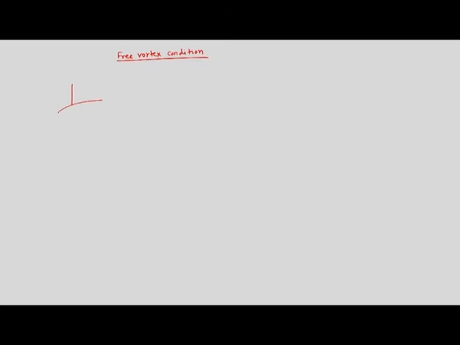So, what do we mean by free vortex condition? Using this condition we are trying to find out the relation between the velocity triangles whatever we would have drawn in a plane at a condition. So, this is the blade, this is the rotor, this is the stator.